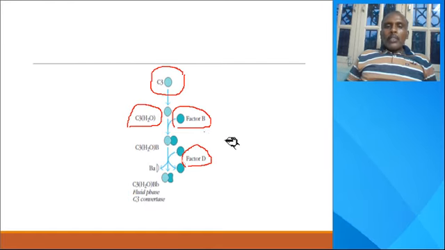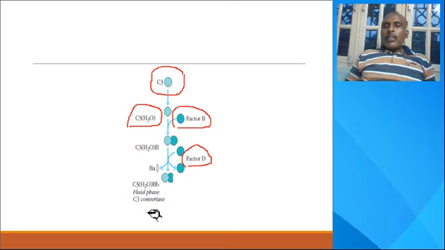It is cleaved into Ba and Bb. Ba is a small molecule, Bb is a larger molecule. This Bb is attached to the C3H2O molecule, and this is termed the fluid phase C3 convertase.